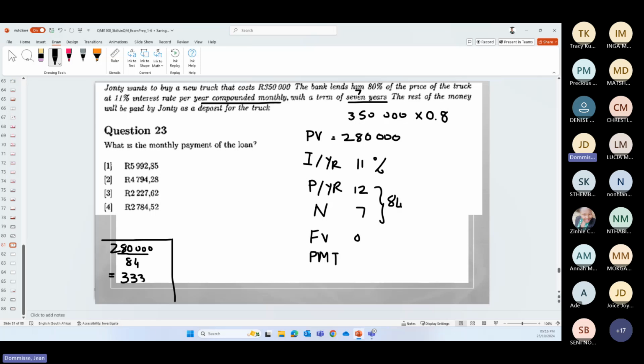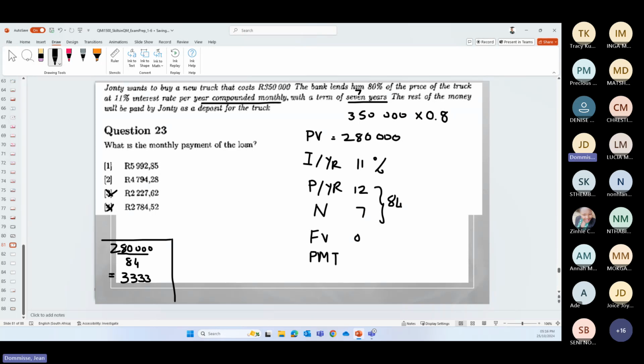The minimum that he will pay is 3,353. So already I can see that options 3 and 4 will fall outside of that.